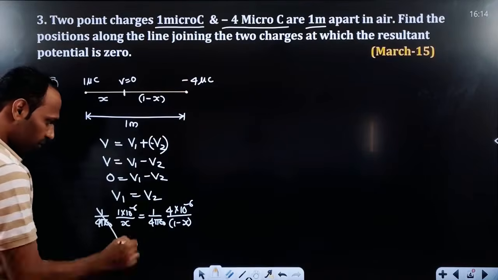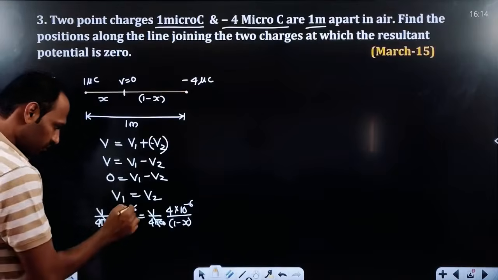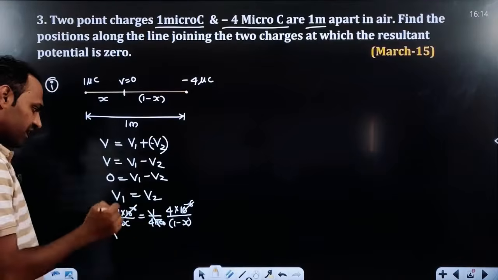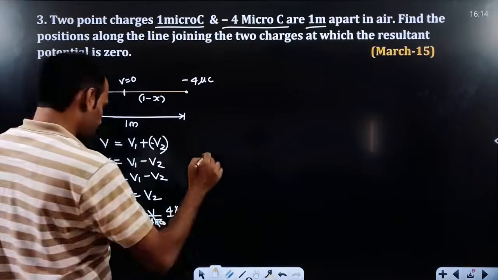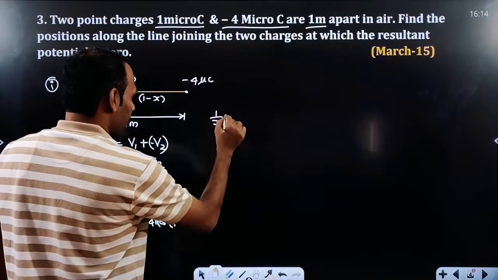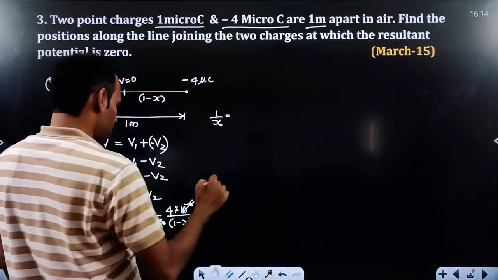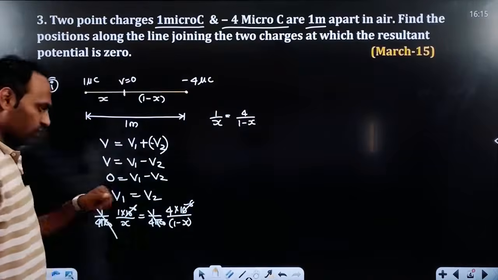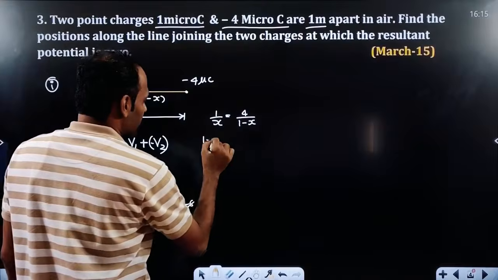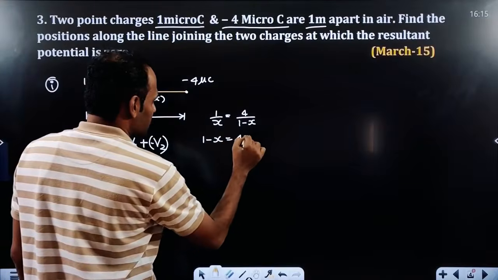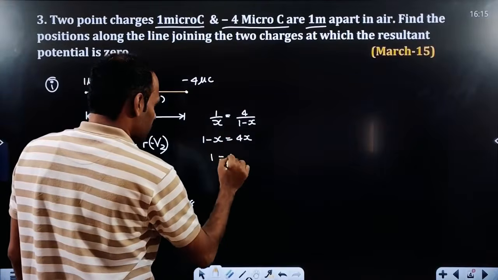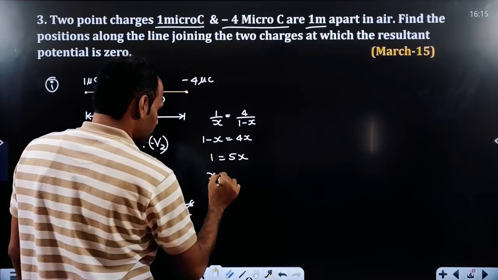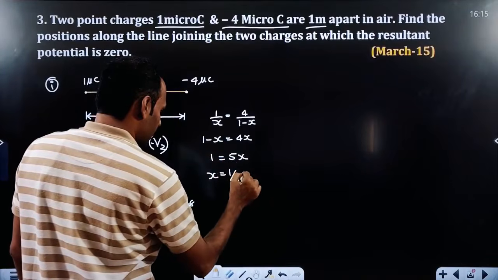Clear? 1 by 4 pi epsilon naught cancels on both sides. 10 raised to minus 6 will get cancelled. So what will I get? I will get 1 by x is equal to 4 divided by 1 minus x. Cross multiply, you will get 1 minus x is equal to 4x, and you will get 1 is equal to 5x. So finally x will be equal to 1 divided by 5 meter.